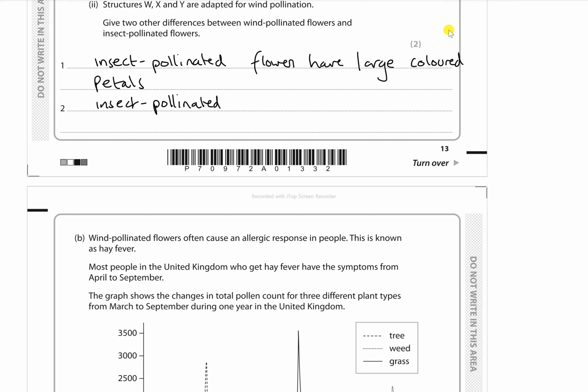So always put insect pollinated in, because there might be confusion if you're talking about insect or wind. Insect pollinated plants have nectar to attract insects.